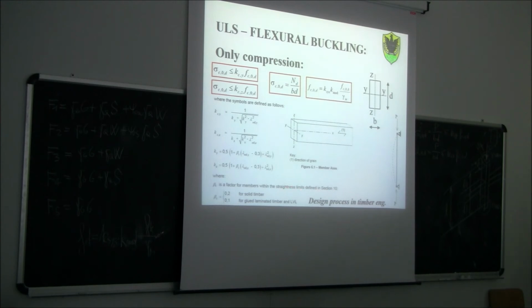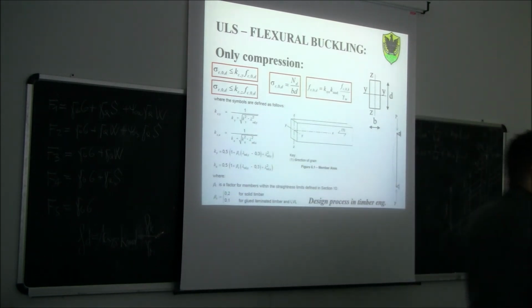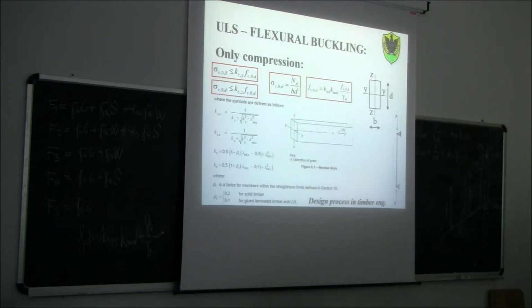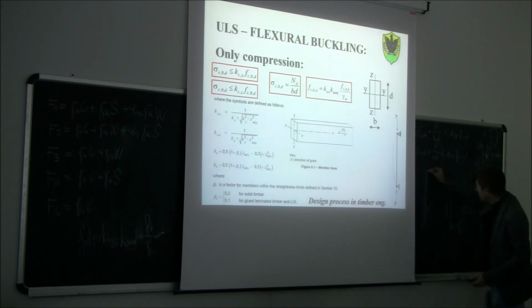So basically beta c is a coefficient taking into account the initial curvature of the timber member. When you buy a timber member and measure it, you will find that hardly ever is it completely straight. You have a small curvature like this.